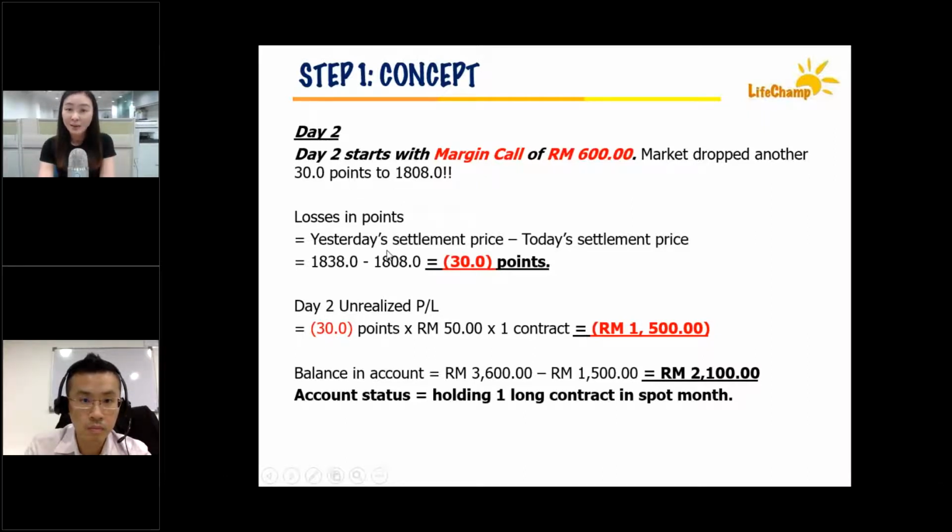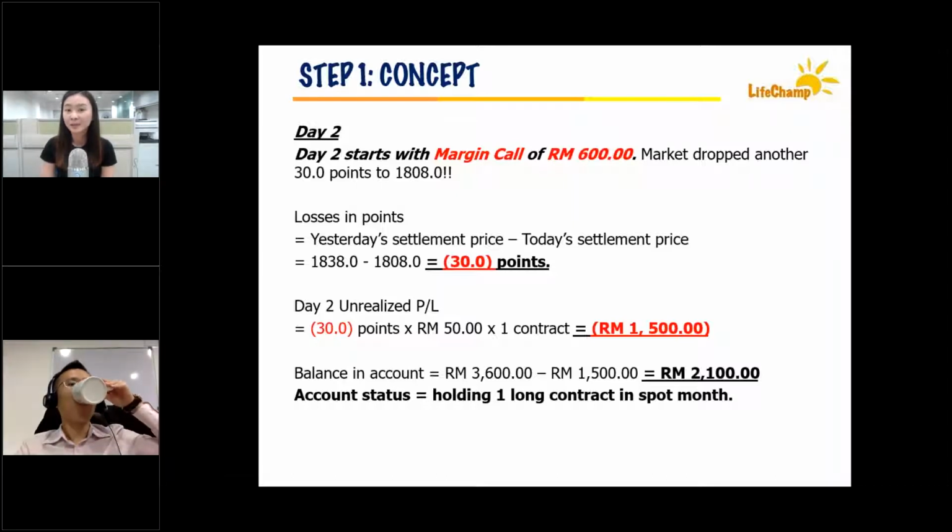So how much are your losses? Yesterday's settlement price is 1838. You minus 1808, you get 30 points of losses. Then you calculate the value times 50 and times one contract.